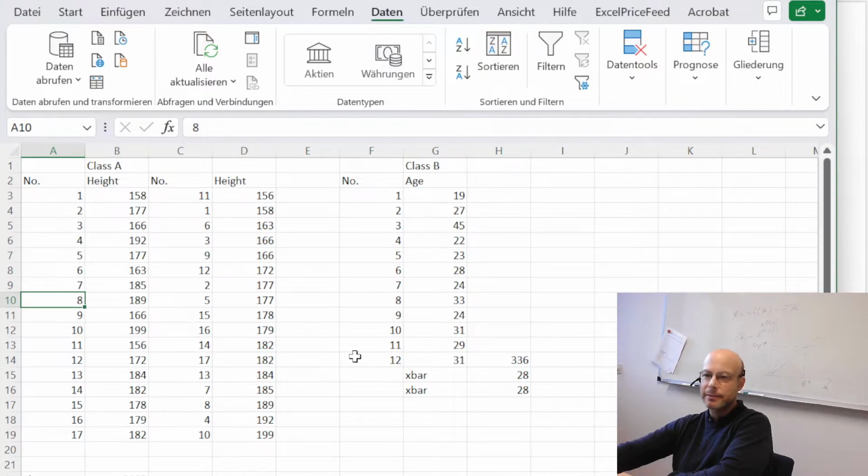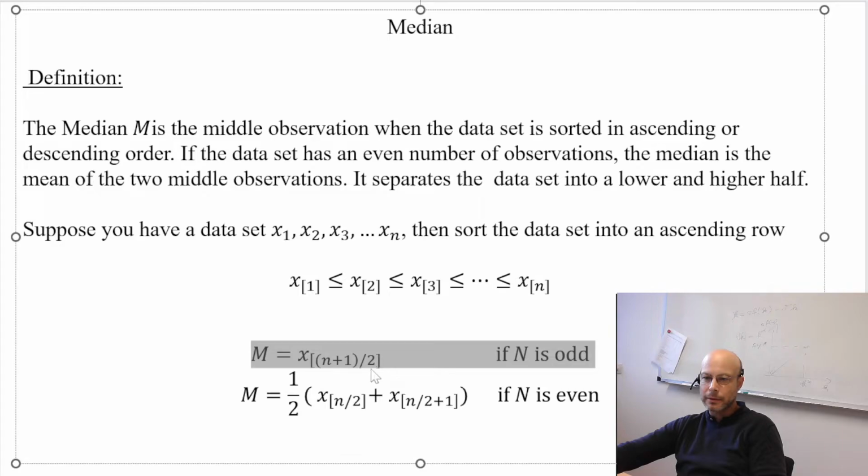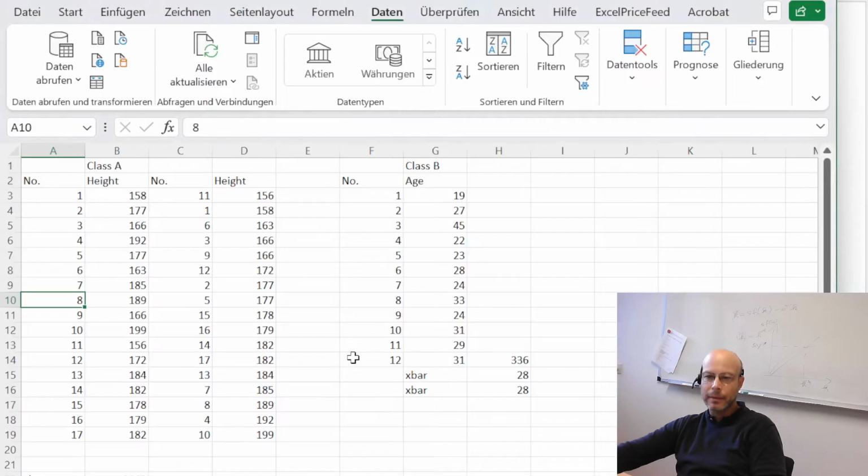So then n is 17 plus 1 is 18. So in this case, or am I wrong?